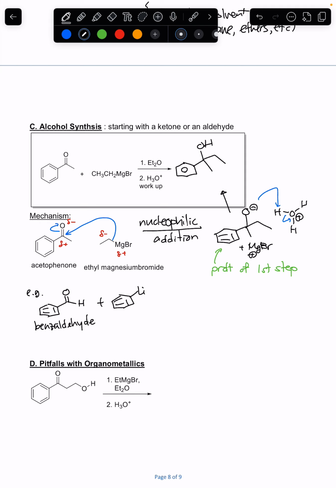So if you were to mix these two in, like, say, hexane solvent, and then in the second step you do the acidic aqueous workup, see if you can predict the products based on the mechanism. Pause the video. And that would be the product that we expect.